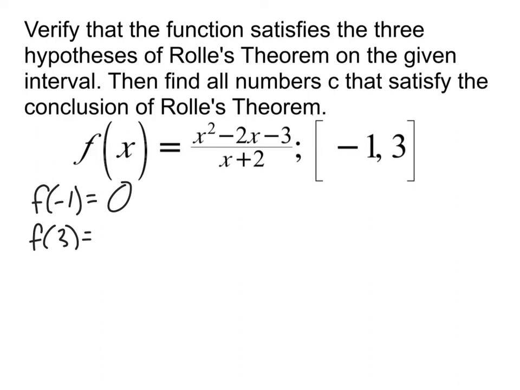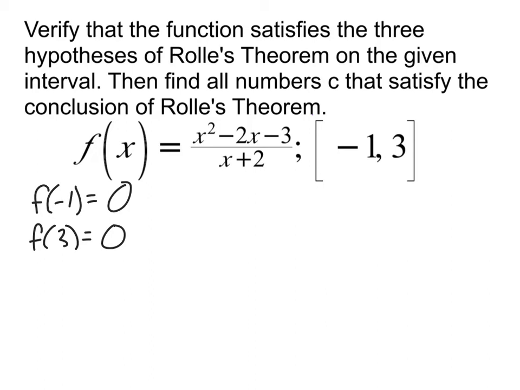For f of 3, you should get 0. So yes, in fact, they are both the same. They both happen to equal 0. It doesn't actually matter, remember, which number they equal as long as they both equal the same number. All right, so now we've proven that it actually satisfies all 3 conditions of Rolle's theorem. So we can go ahead and use the theorem.